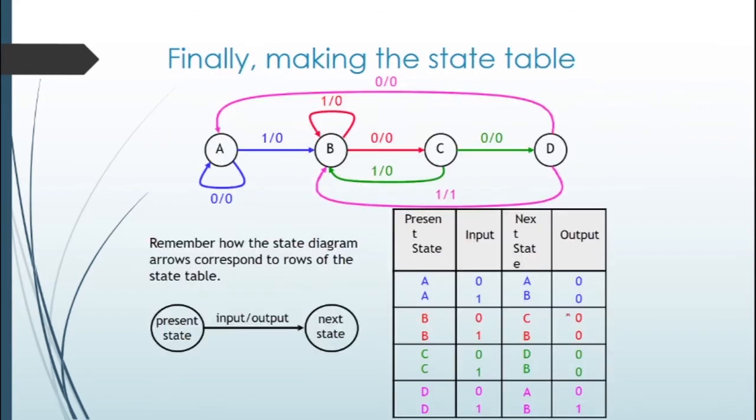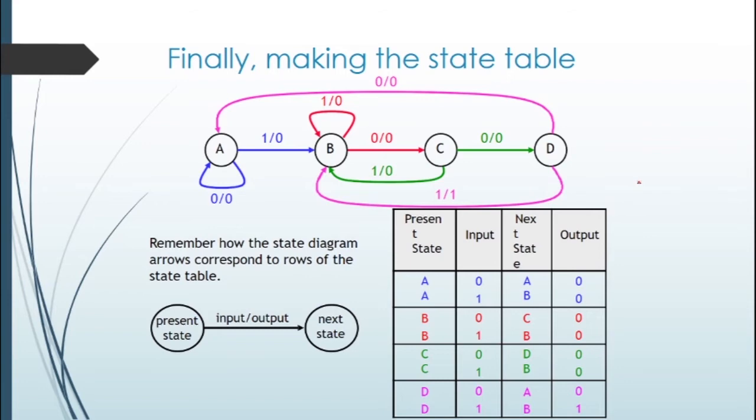That means we have 2 bits for each state. Now this is the state table from the state diagram, and we are not putting the state bits or state elements here, just the state names.